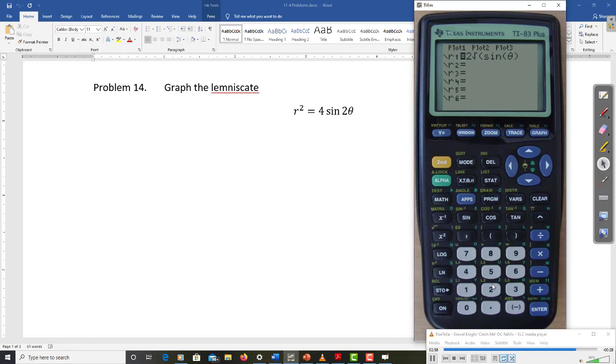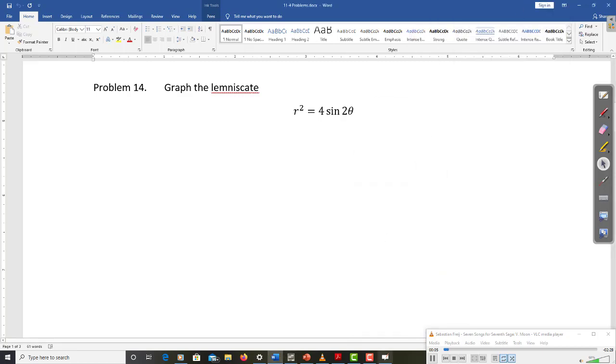And don't forget, we need the negative one as well, so I'm just going to do negative, vars, y vars, polar, R1. Now let's see what that looks like. Oh yeah, the flower petals. Just a 2-petaler, it looks like.